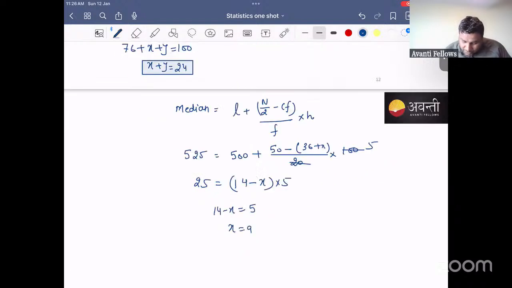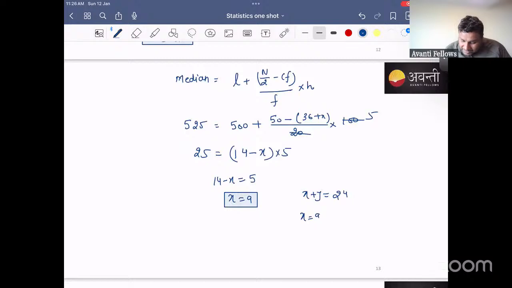So x is what? 9. Now x plus y is 24, you are having. So if x is 9, y will be 24 minus 9, that is 15. X is 9, so y is 15.